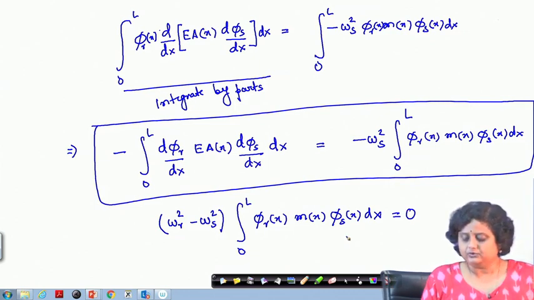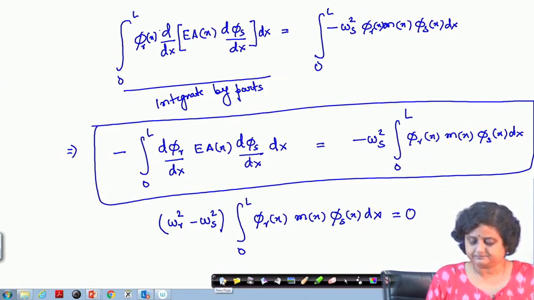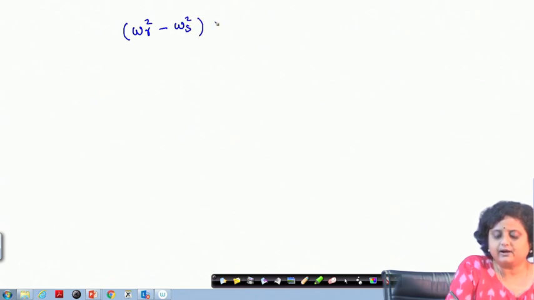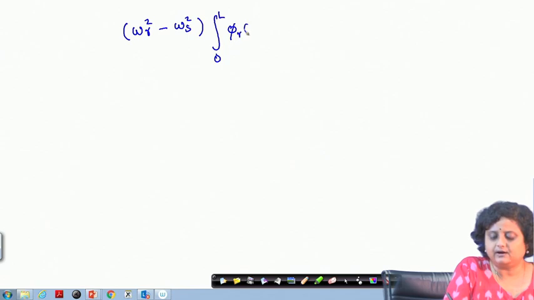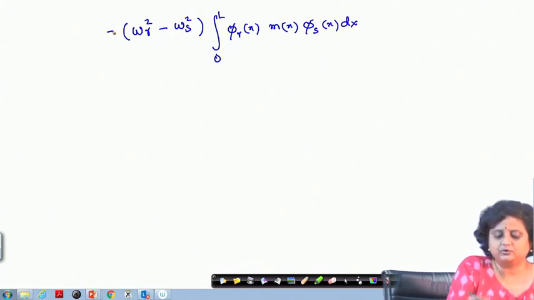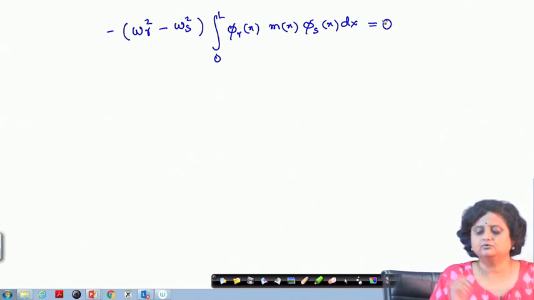So, let me write this: omega r square minus omega s square, integral 0 to L phi r x m x phi s x dx, you can also put a minus if you want to, is equal to 0.